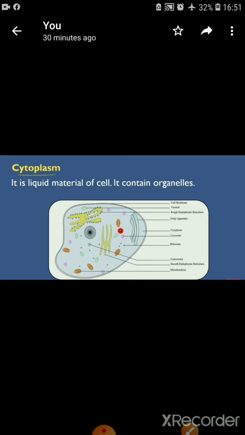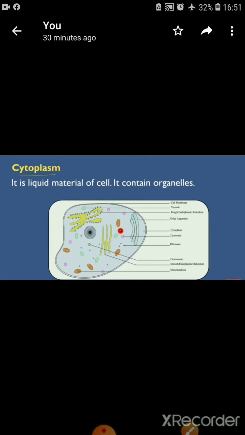So till here we have completed the protoplasm, which is divided into two types of liquid. First we talked about the nucleus. Now the next important point of the protoplasm is the cytoplasm. Again, it is a liquid material of the cell. Already we talked about protoplasm. What is protoplasm? Protoplasm is a liquid material of the cell.